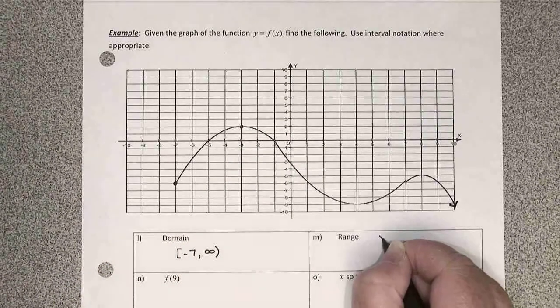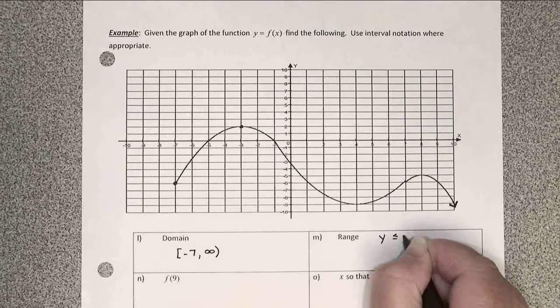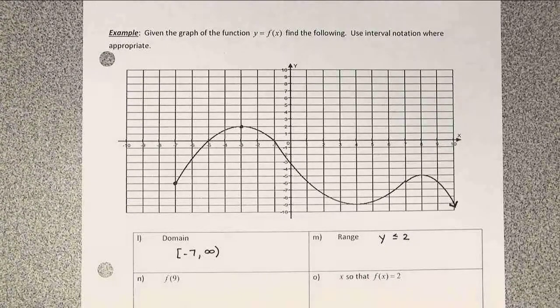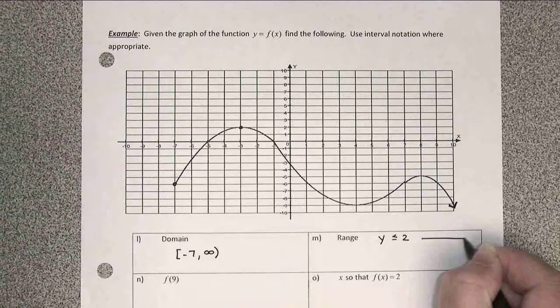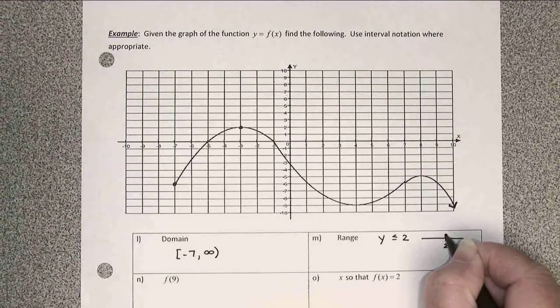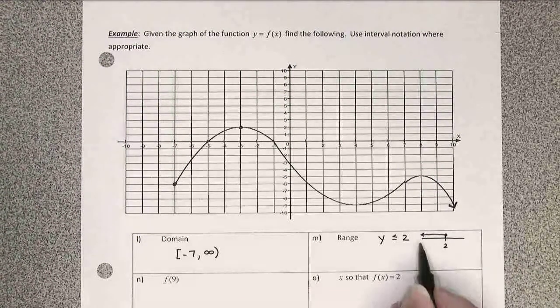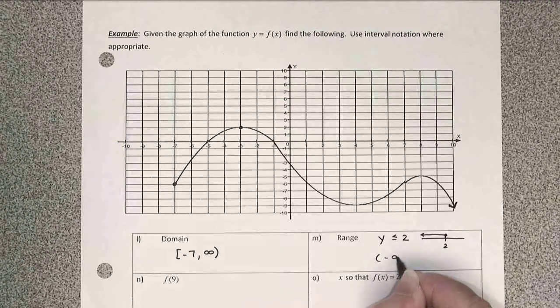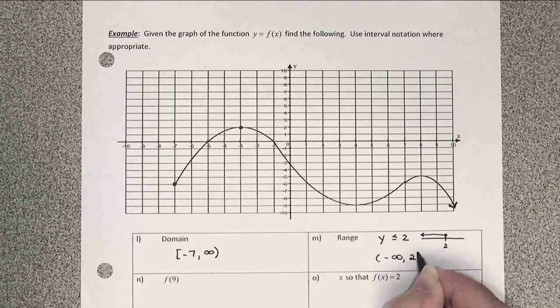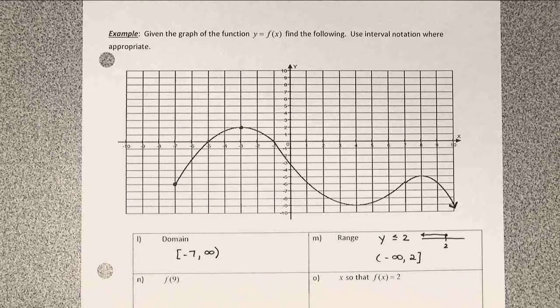So all of the y's are less than or equal to 2. If I'd like to write that in interval notation, I always have to think about what it would look like on a number line. It would go from -infinity to 2. Always reading our interval from left to right.